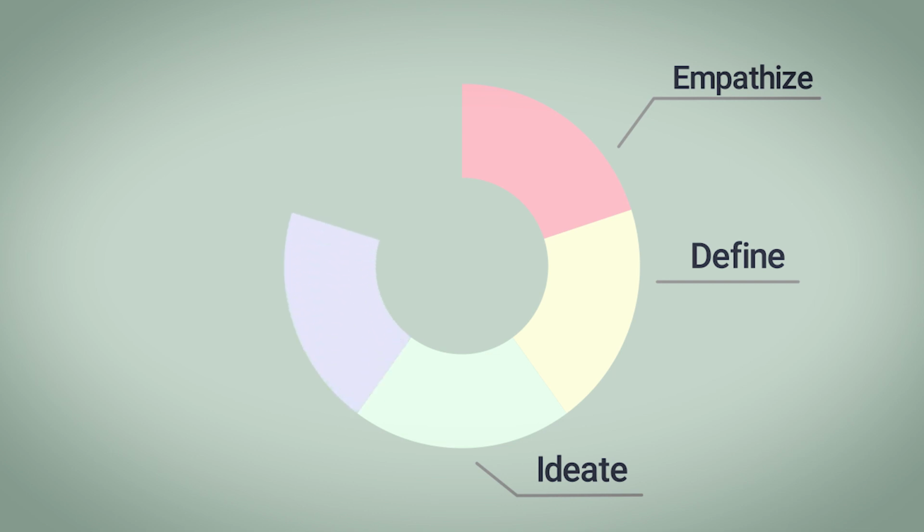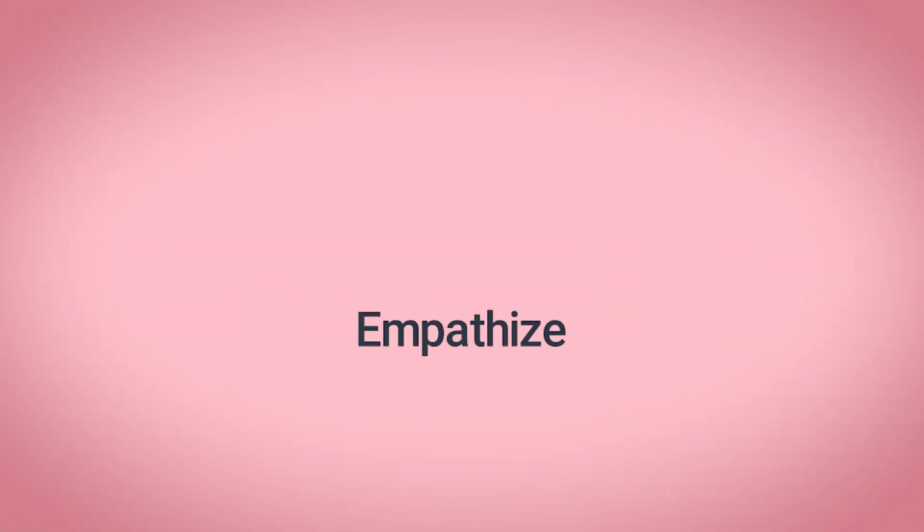Then you have the ideate part, when you brainstorm and come up with as many ideas for solutions to the problems as possible. Then you prototype: you build a prototype or a series of prototypes to test your hypothesis and test. You return to your users for the feedback.